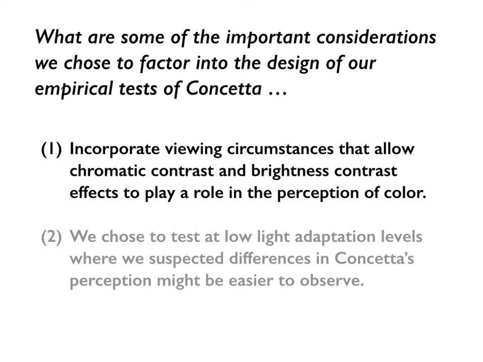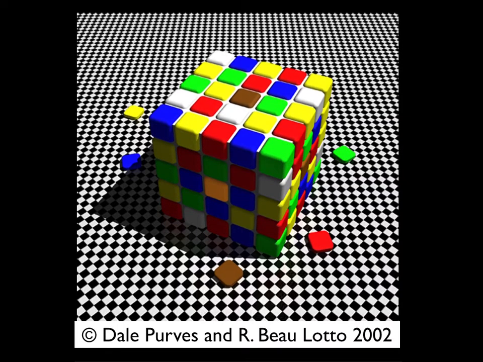In our design of experiments to test Concetta, we asked what some of the important considerations would be to factor into the design of the test. One consideration is the incorporation of circumstances that allow chromatic contrast and brightness contrast effects to play a role in the perception of color.